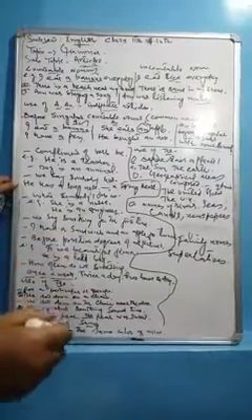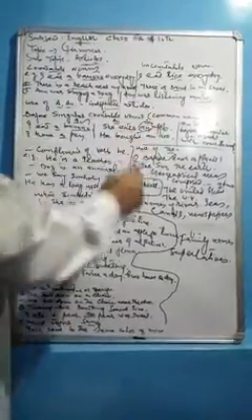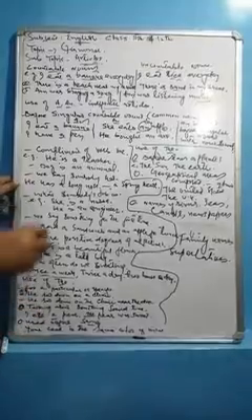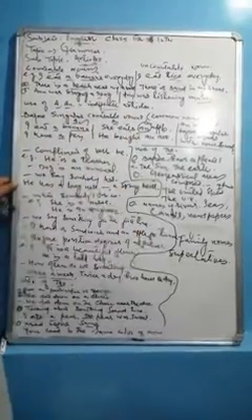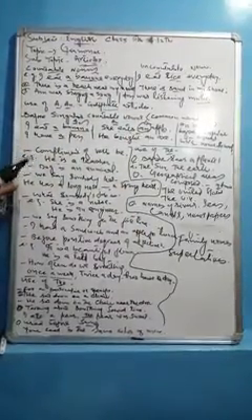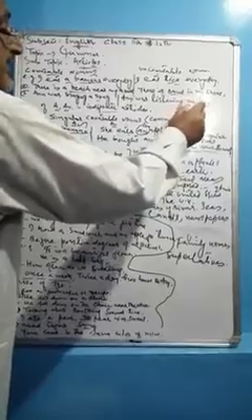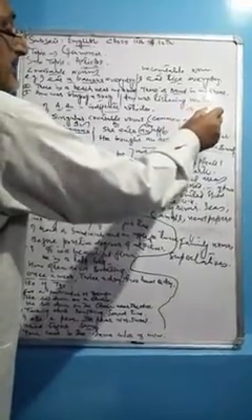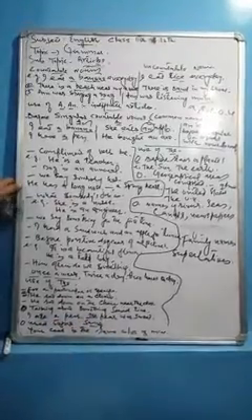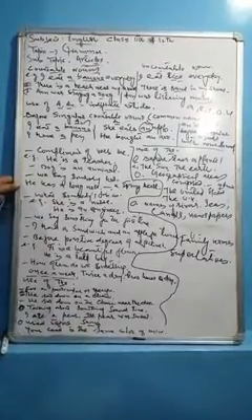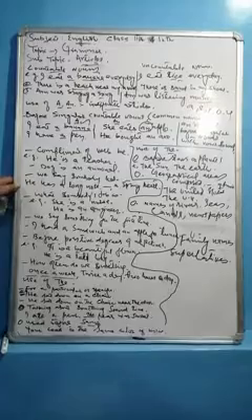But where do we use this an? All of us are aware of this, that there are vowels in English. A, E, I, O, U. These are vowels, five vowels in English.